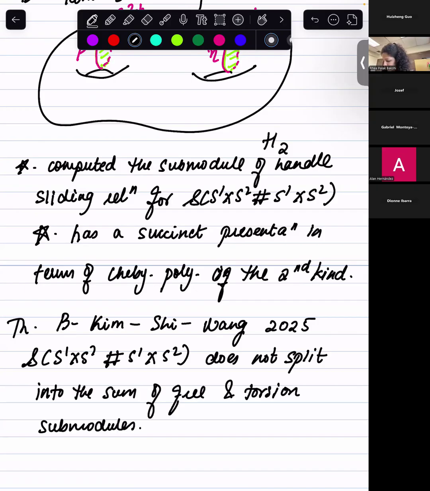So not even cyclic, but not torsion either. So something stronger than what we had for RP3 connected sum RP3.